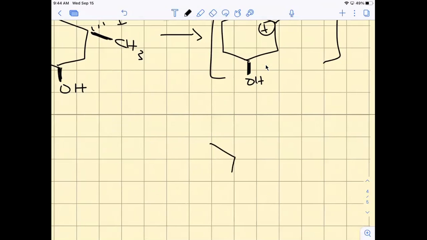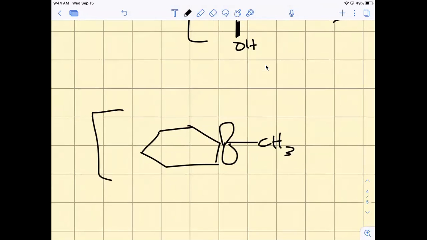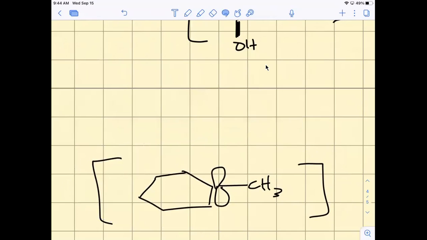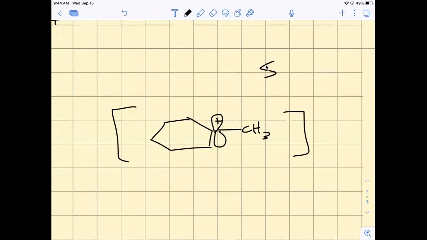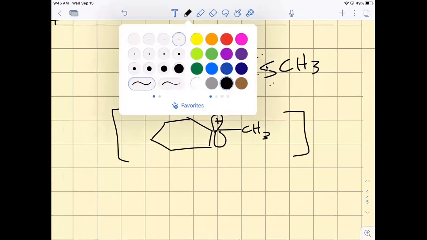I'm going to draw it out planar. That sulfur can come in, because that carbocation is basically just an empty p orbital. So you've got a plus charge here, right? But sulfur can now attack from either side of that p orbital. It can hit either lobe of the p orbital.